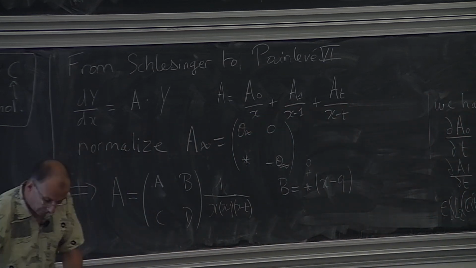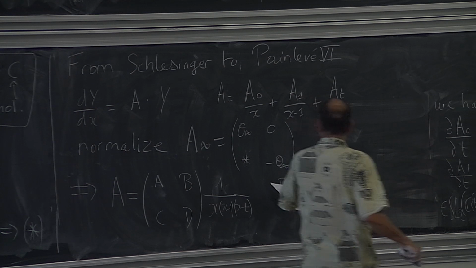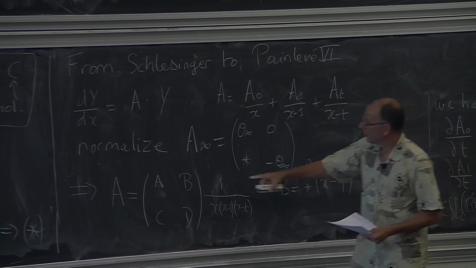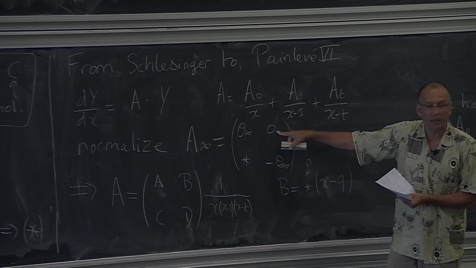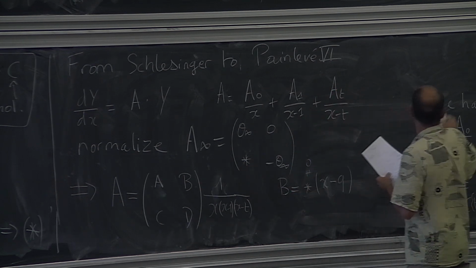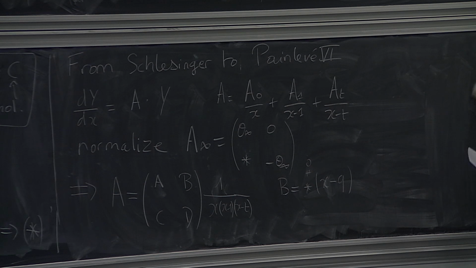I mean that it is linear. The others are quadratic, but because we have the 0 here at infinity, the B coefficient will be linear.